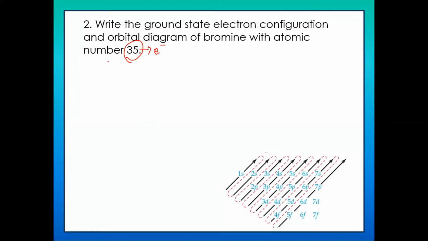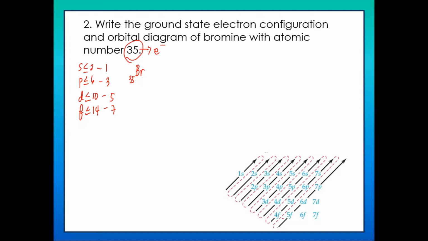As a recall, s can have less than or equal to 2, p less than or equal to 6, d less than or equal to 10, and f less than or equal to 14. You know it already, the reason for these particular numbers. Also, s can have 1 orbital, p can have 3, d can have 5, f can have 7. So, bromine is the symbol of the element, and the atomic number is 35. That is what we have to distribute.